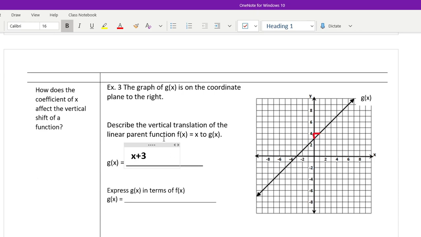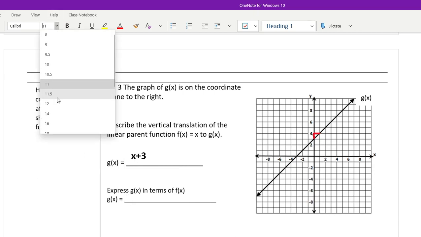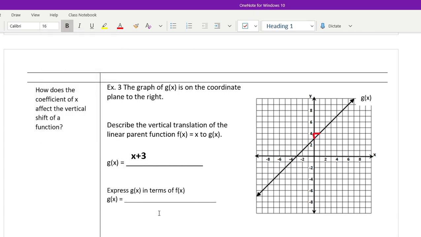So in comparison to the parent function f of x, which we know goes through the origin, g of x would be the x value adding 3. To express this in terms of f of x, whenever we get the output of our f of x, we are simply adding 3.